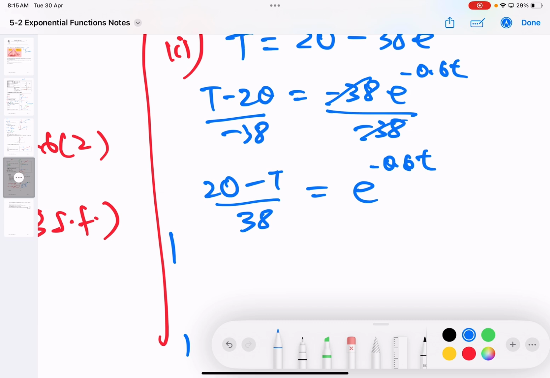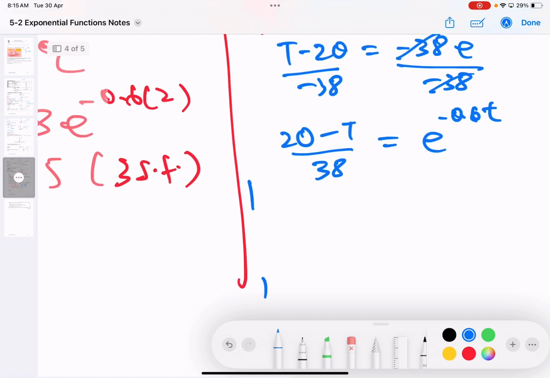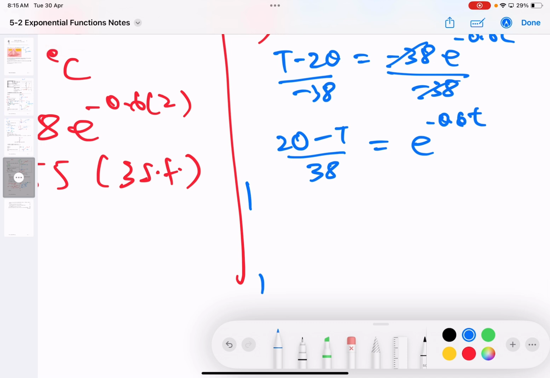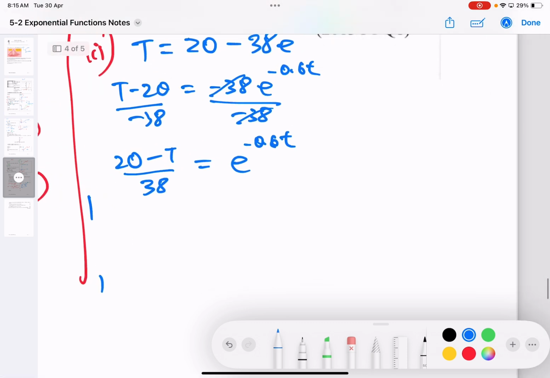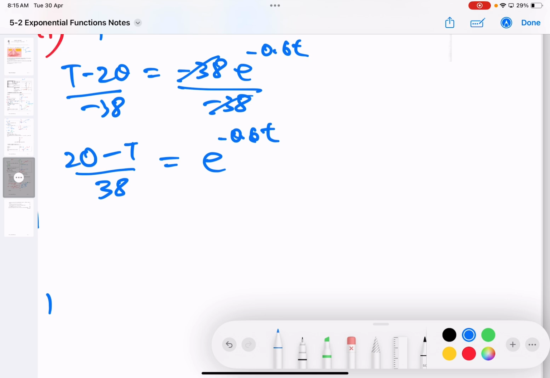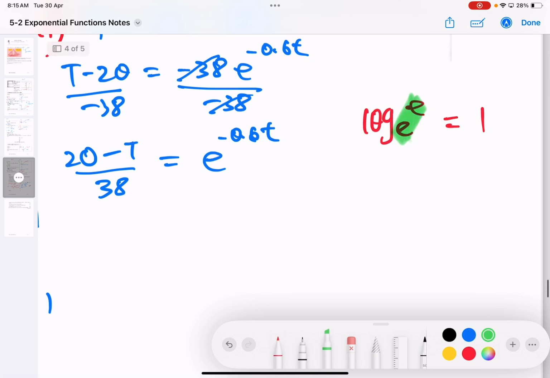Why do you want to do that? Because you want to cancel this e away. So the strategy is to log base e on both sides, because we want to make use of this property. Please write it down if you don't know: log base e of e is equal to 1. As long as these two numbers are the same, it becomes 1.